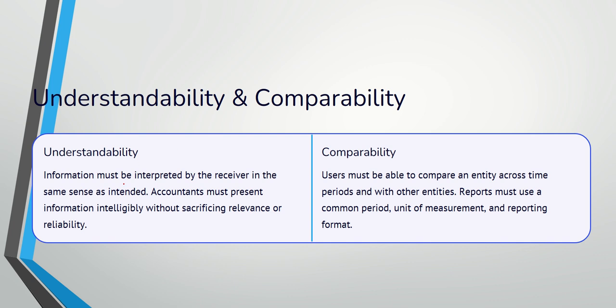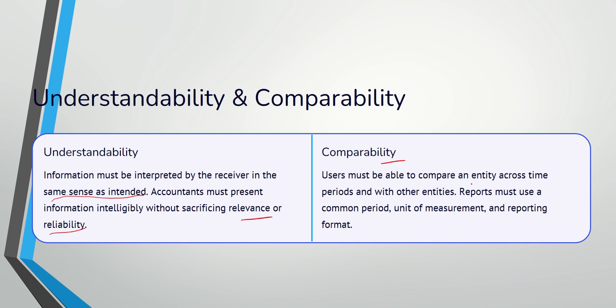As I told you, whatever the accountant is trying to present, the receiver also should receive it in the same way as it is intended, without compromising on relevance and reliability. This is most important. There should not be any compromise in the way it is prepared, which are the previous two points.